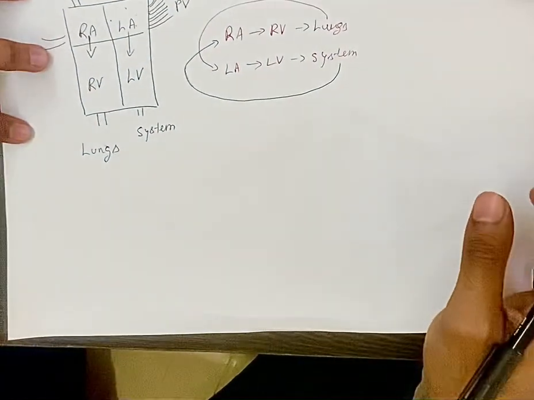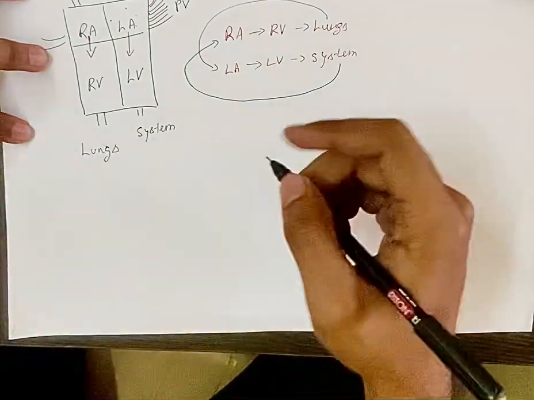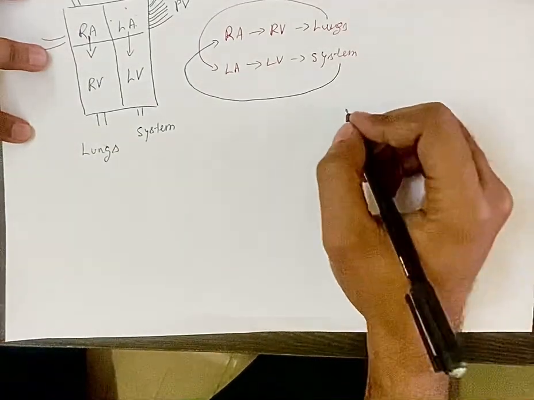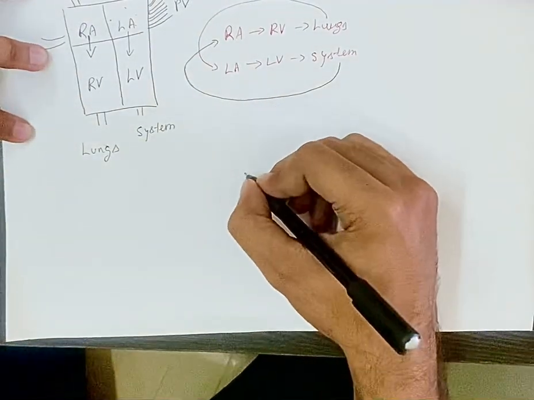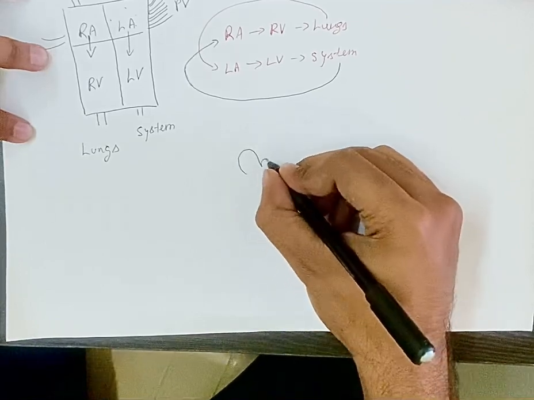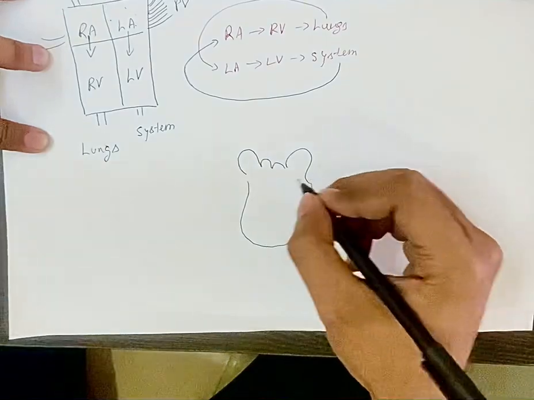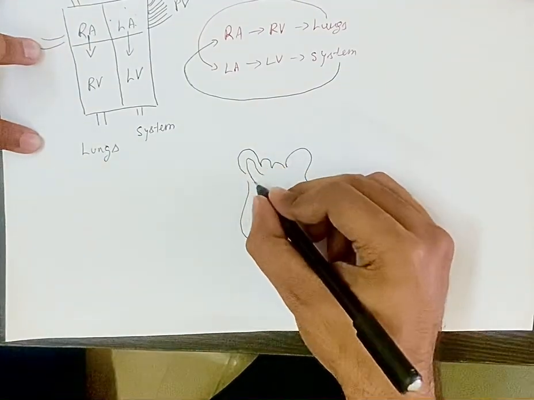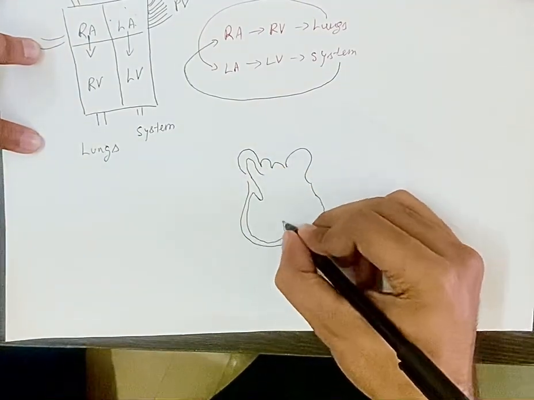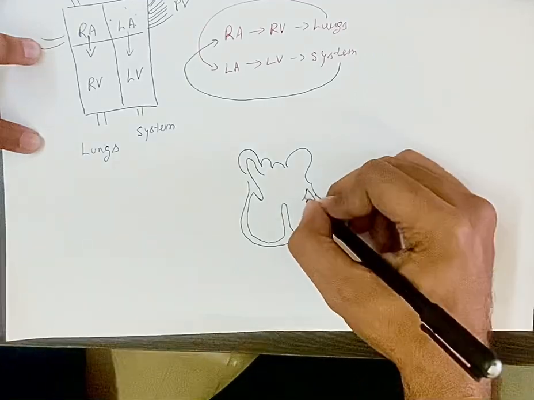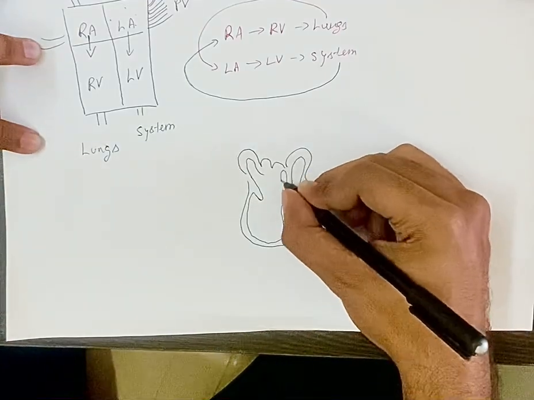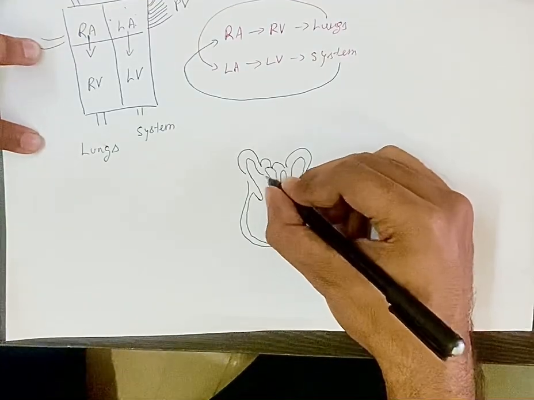Now one more thing which you must remember is that in heart, now this is your rough structure of heart. It is not a clear diagram, but you will get the basic understanding of what I am trying to draw here. Okay.